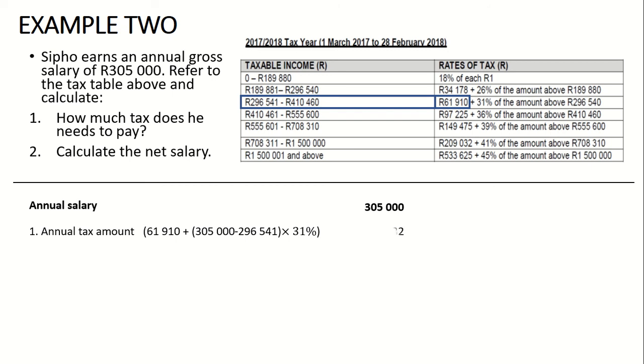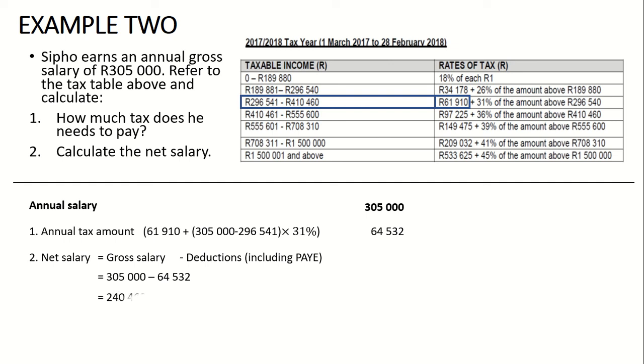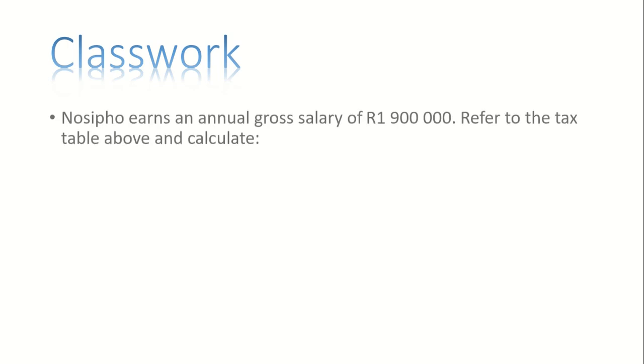It will give you your annual pay as you earn amount, which is 64,532. To calculate Sipho's net salary, you will simply take gross salary minus deductions, including pay as you earn, and that will give you 240,468. Please do this as classwork.